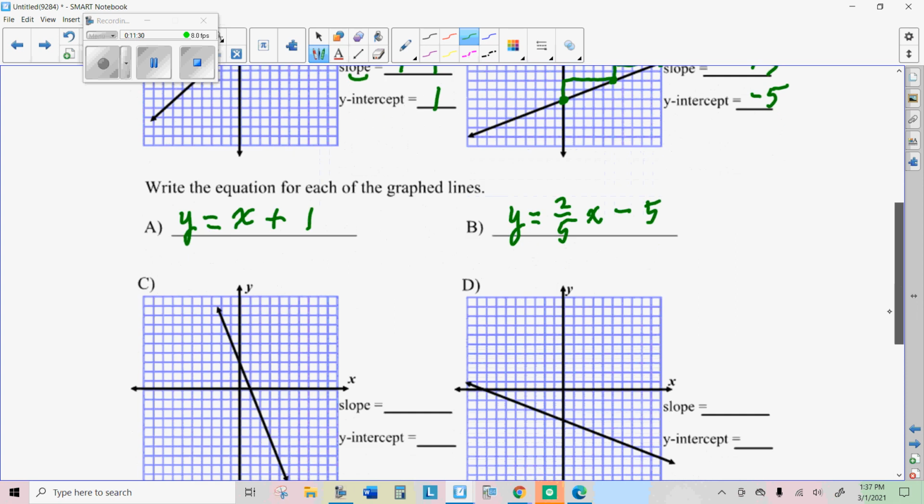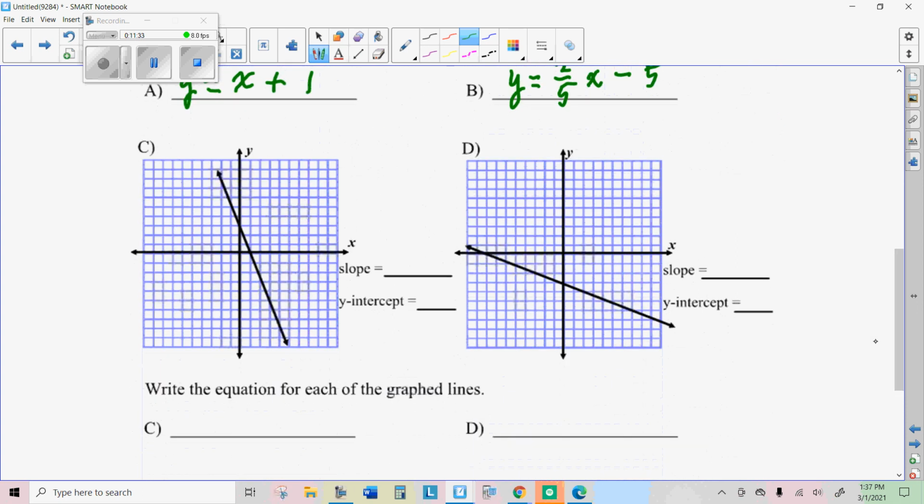All right, I'm just going to get you started. Just remind you that when the line goes in this direction, the slope will be negative, and then I'll help you get a couple points. You need that one there. That's your y-intercept. And let's see, what would be another good one for you to use? I don't think that one right there is good.